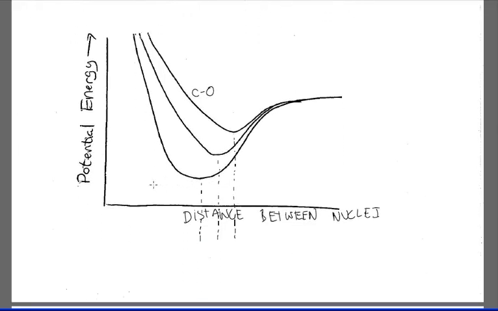And we can see that if this is where the two repel each other, then the first distance is the C triple bond O. And the second distance is C double bond O. Oops, that's a triple.